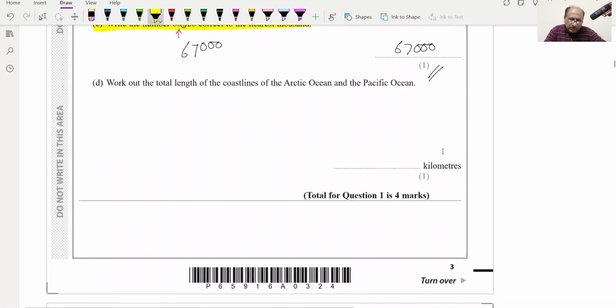Then D part, work out the total length of the coastline of the Arctic Ocean and the Pacific Ocean. So the total length is required. Total length of these two oceans we will copy.